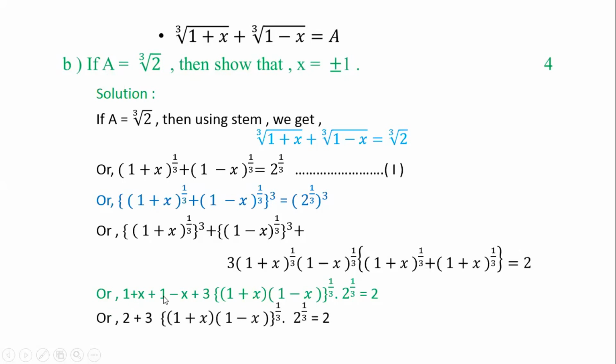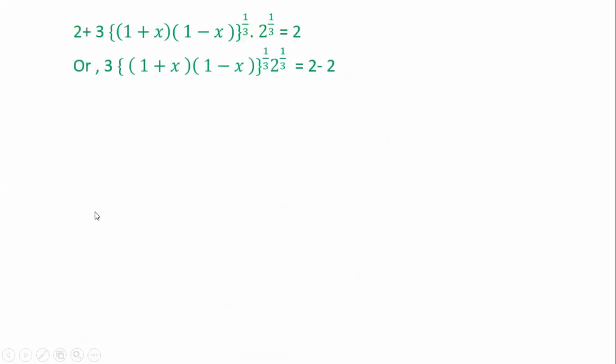Here 1 plus 1 equal to 2, x minus x equal to 0. This term remains unchanged and equal to 2. But if we interchange the side, then we get 2 minus 2 and this term remains unchanged. 2 minus 2 equal to 0.